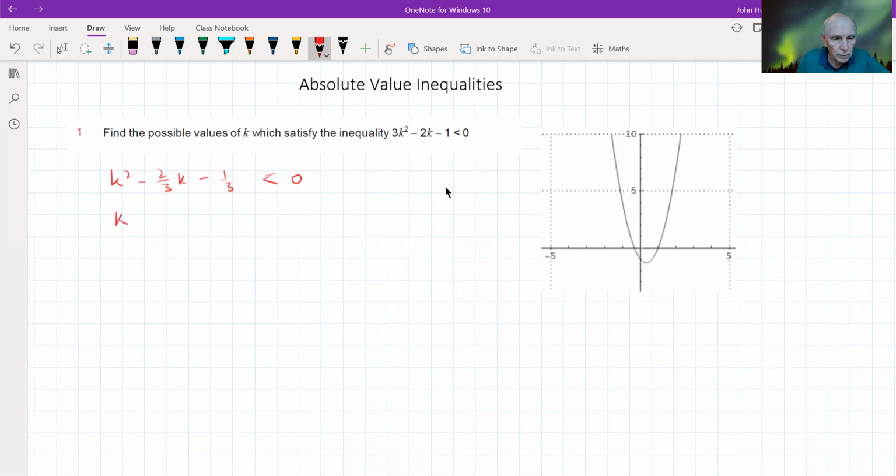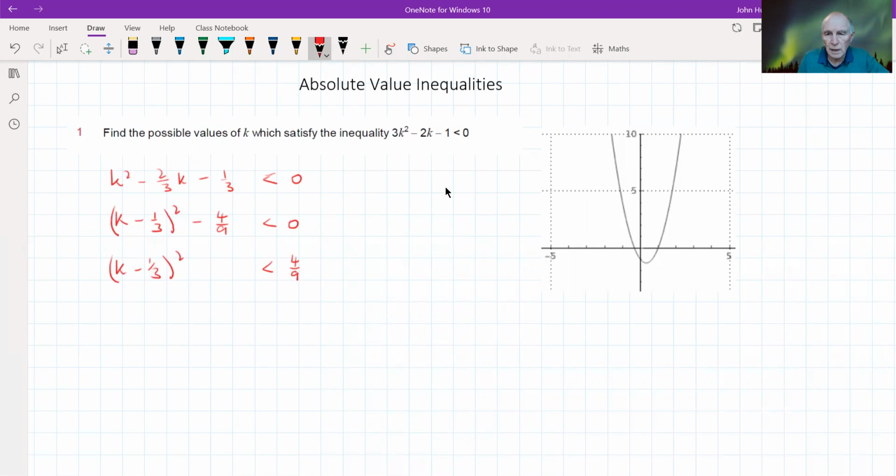I'm assuming you understand that and know how that works. So that's going to give us k minus 1/3 squared is less than 4/9.